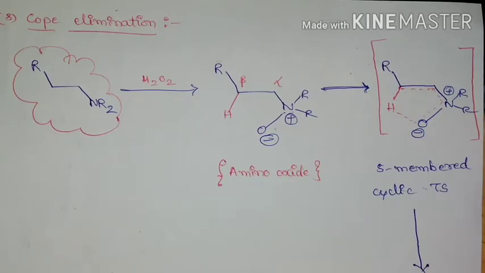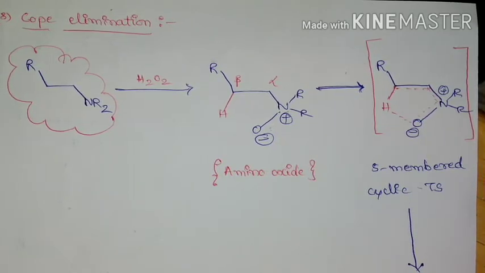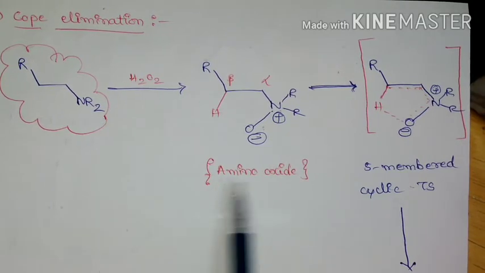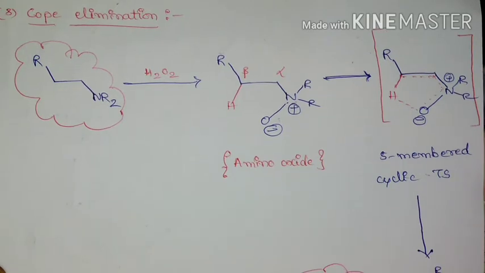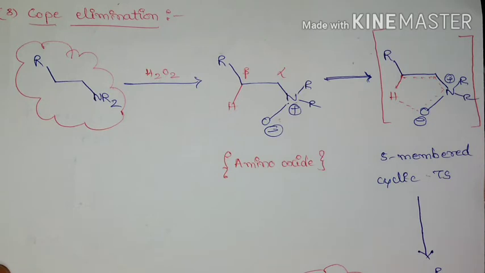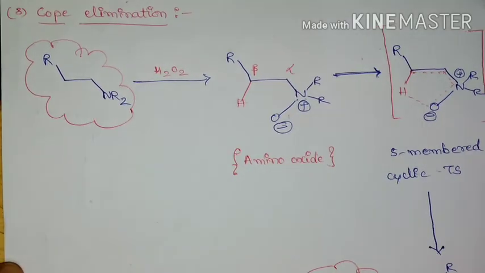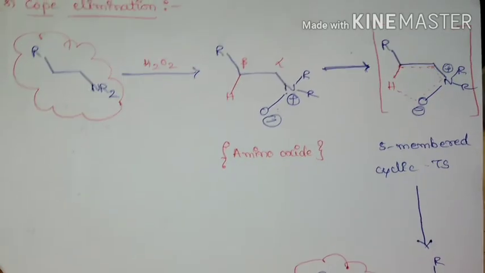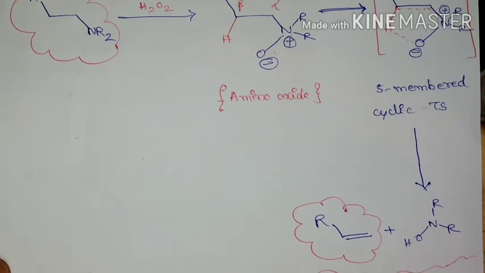Cope elimination reaction. Here the substrate is an amine derivative. First the amine undergoes oxidation to form the corresponding amine oxide. This amine oxide under thermal condition undergoes syn elimination via a 5-membered cyclic transition state, which collapses to give alkene.